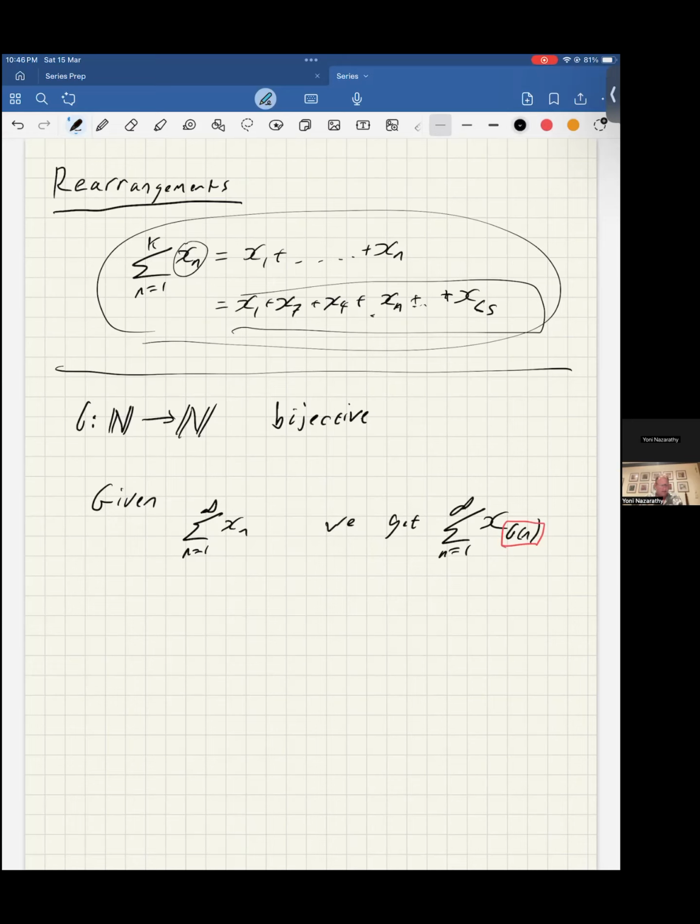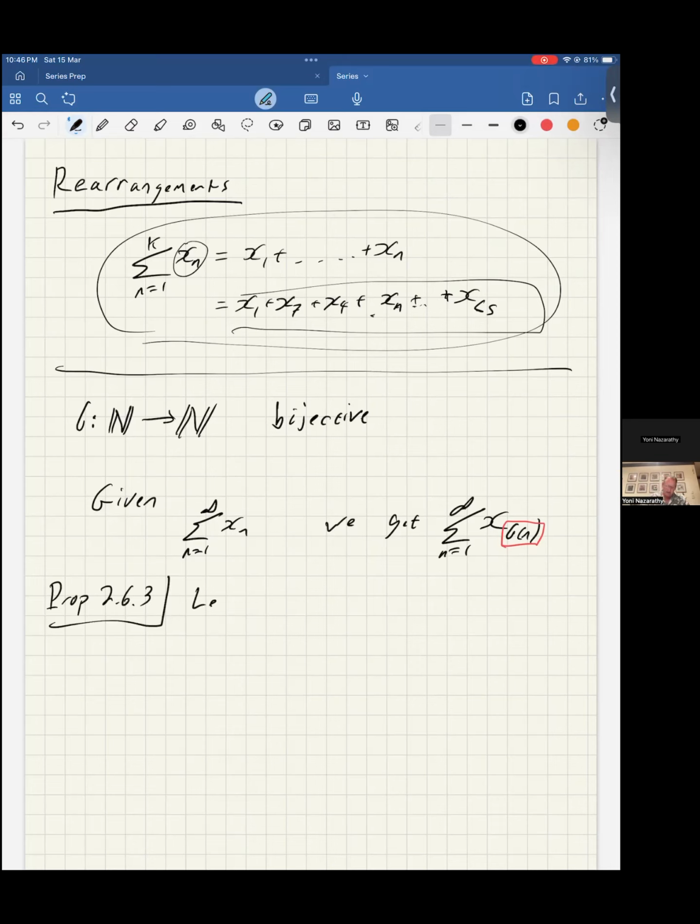So that's a rearrangement. And the key result that we get with rearrangements is that absolute convergence keeps us safe. This is the proposition, and I'll skip the proof due to lack of time, but it's still an important one to see.